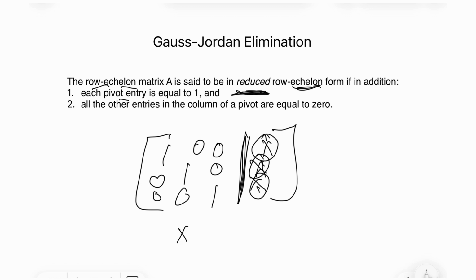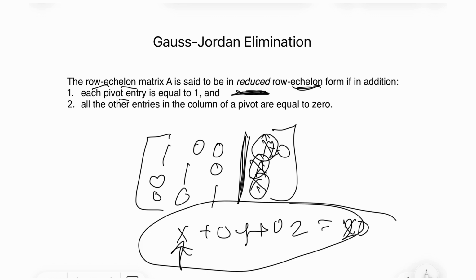If we have x plus 0y plus 0z is equal to whatever this thing is, let's say 20, then that's our answer. We just have x is equal to 20. We've done it. So continuing to perform the elementary row operations to get this leads to us answering the set of linear equations using Gauss-Jordan elimination.